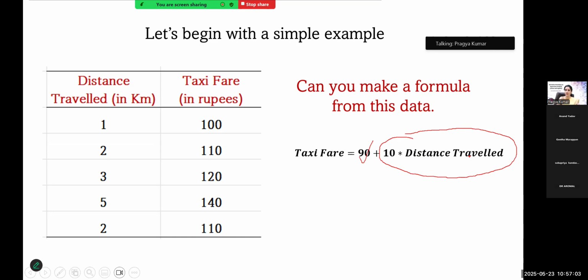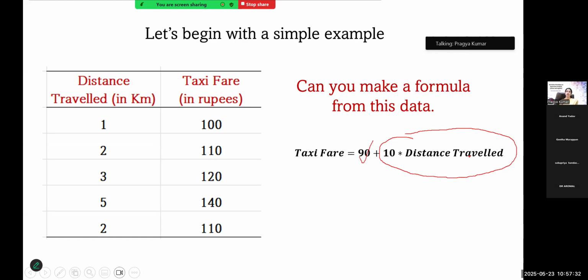Yes, Dr. Aromal has written 100 plus x and 100 plus 2x, and x is the distance traveled. But in the case of a linear equation, the 2 or 1 which you have written should be fixed.